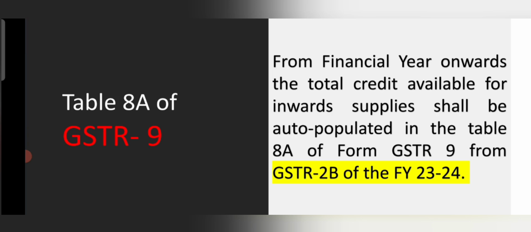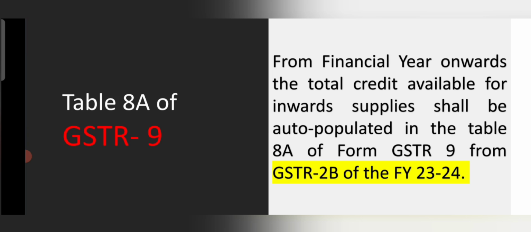But in 2B, once it is generated, it cannot be changed. 2B is generated for every month on the 14th of the succeeding month. So once the 2B is generated, it cannot be updated.